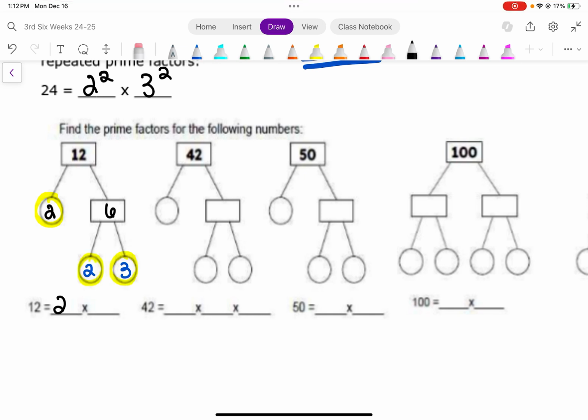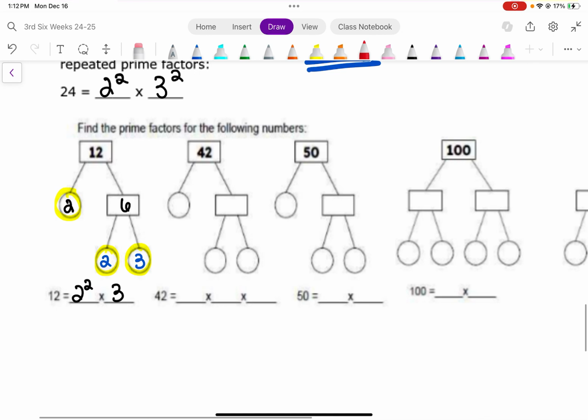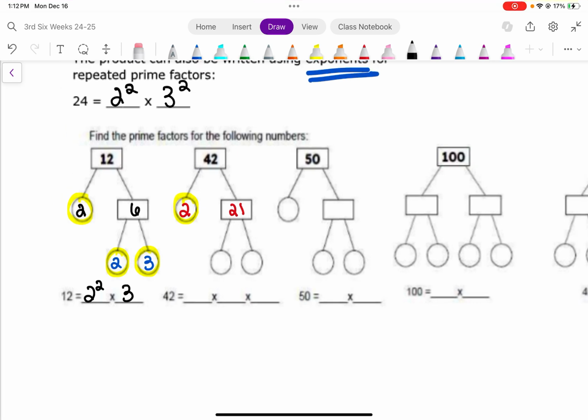I have 2 2's and 1 3. 42, if I divide that, I could use 2 and 21. 2 is prime. Now I'm going to find the factors of 21, which would be 7 and 3, and both of those are prime. When I write that out in expanded form or exponents, that would still be 2, 3, and 7.